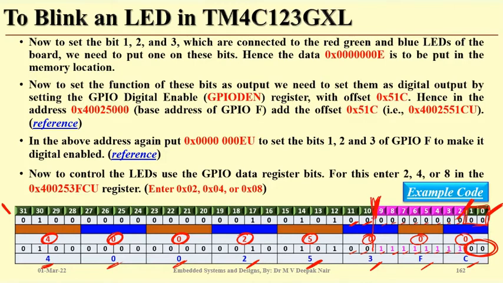Okay, you can put any number 0 0 0 0 0, or you can change 1 1 1 1, or any other combination between this 9 to 2. Okay, so these addresses are allowed for you. So maximum that you can generate is 4 0 0 2 5 3 FC. Okay, so in this way you can change the pattern of the LED or any device which is connected to port F.